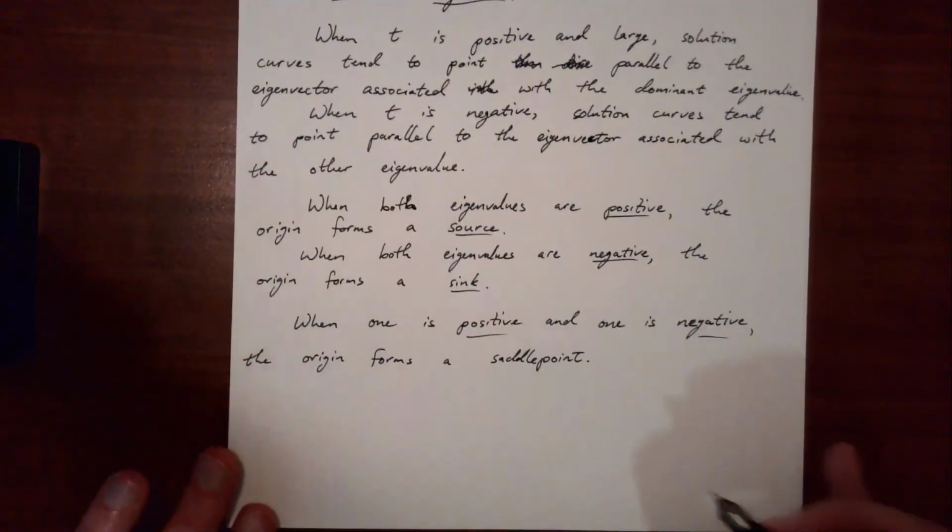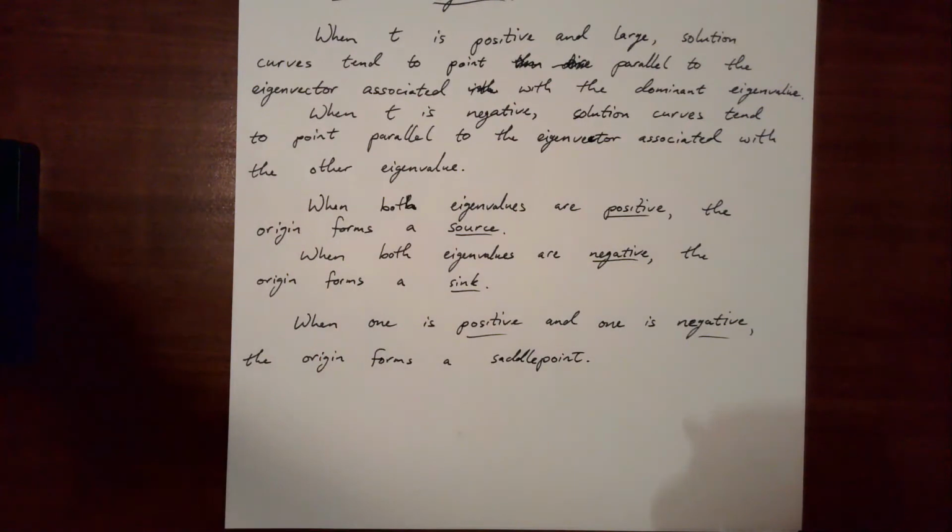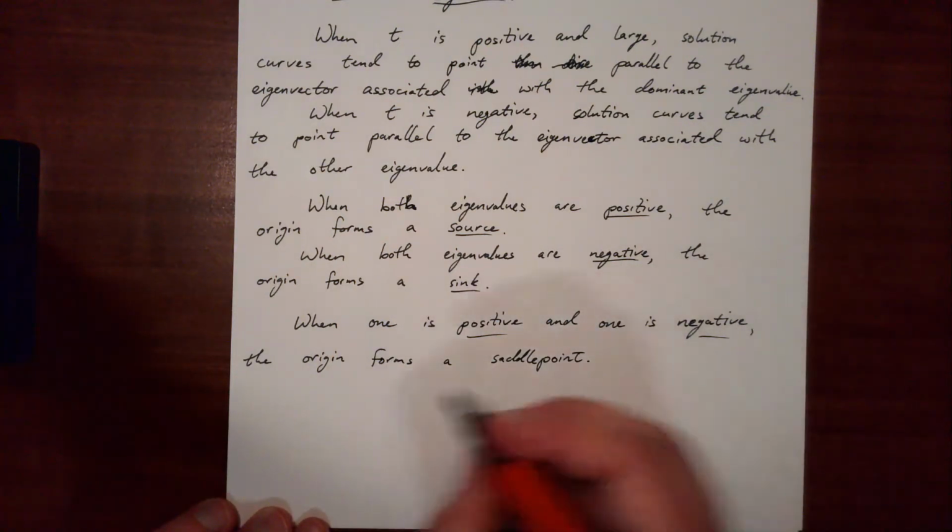And in the case of a saddle point, we call the line that is associated with the eigenvector, which in turn is associated with the dominant eigenvalue, the unstable line, and the other one the stable line.